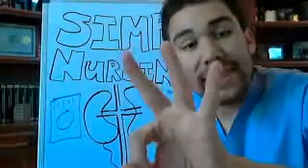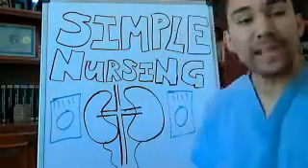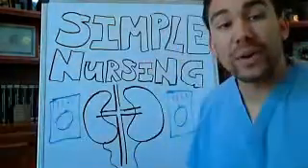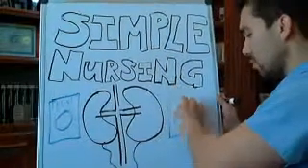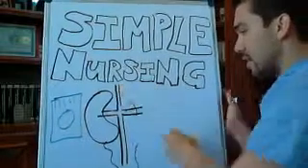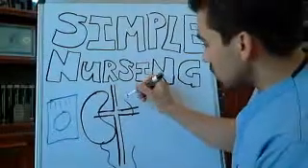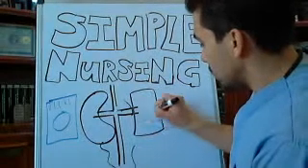Now, there are three things that the kidneys filter. And I like to break it down into a little acronym called HUC, H-U-C. Okay? So again, guys, I want you to think of these as a washer machine here.